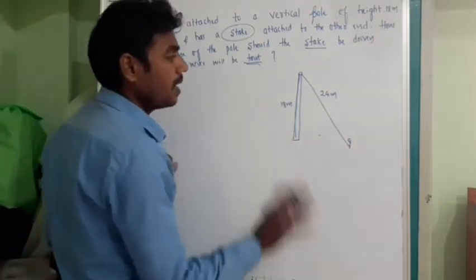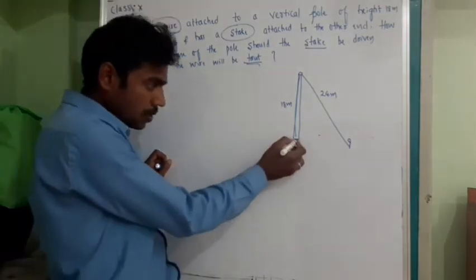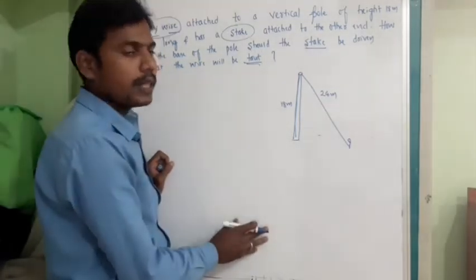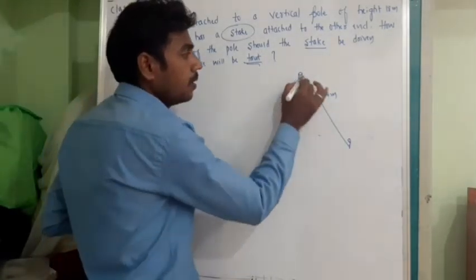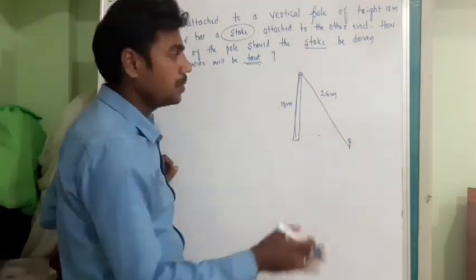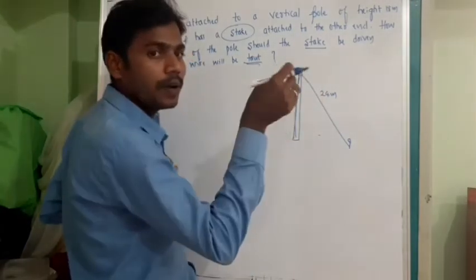They are asking what the distance between the pole and the stake should be so that the guy wire should not be slack, it should be taut. Taut means tight.